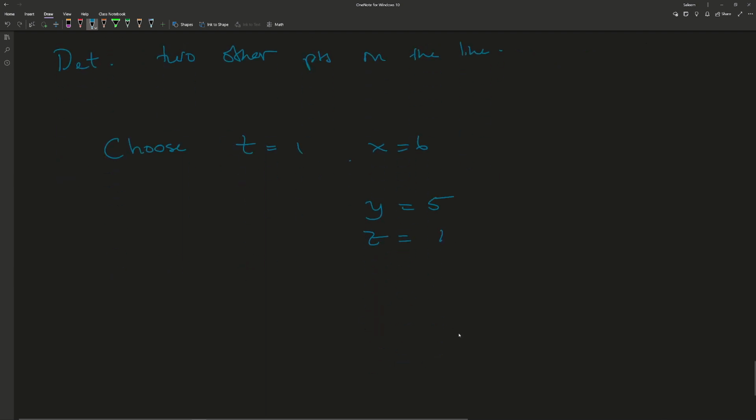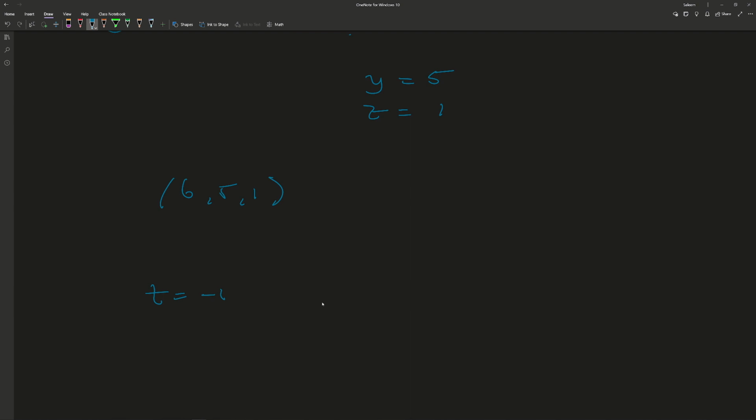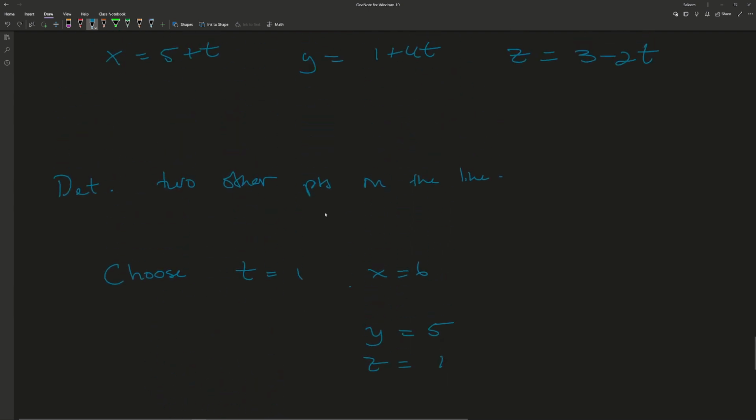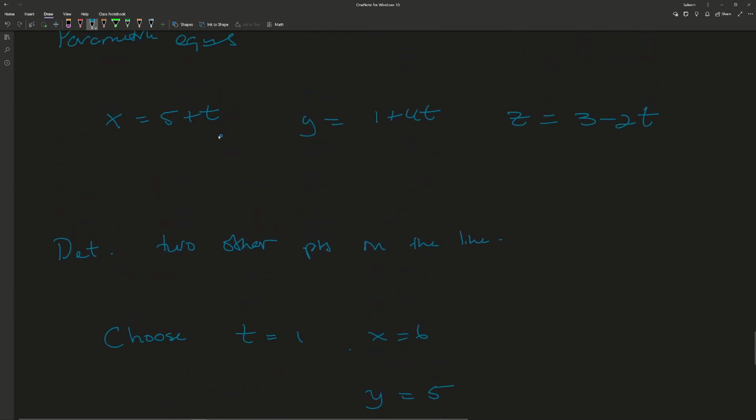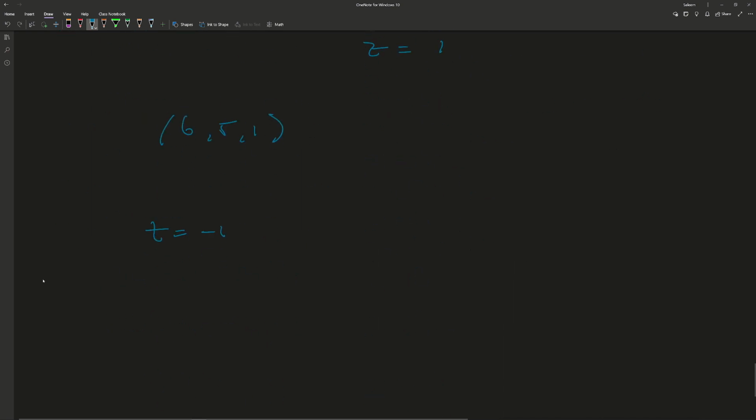So another point on the line is (6, 5, 1). Let's get another point. Let t be equal to -1. When t is equal to -1, we get 4, -3, and 5. So another point could be (4, -3, 5).